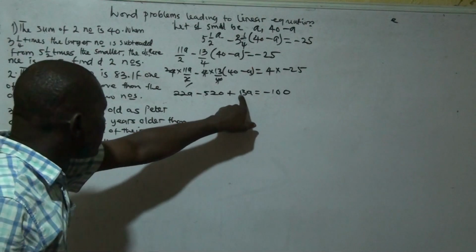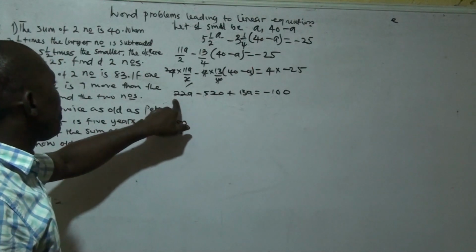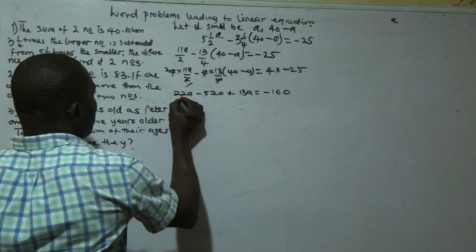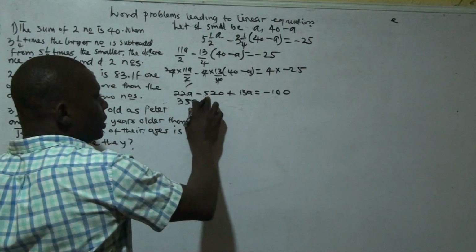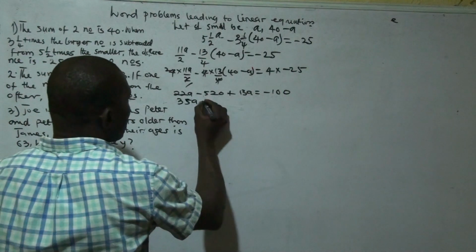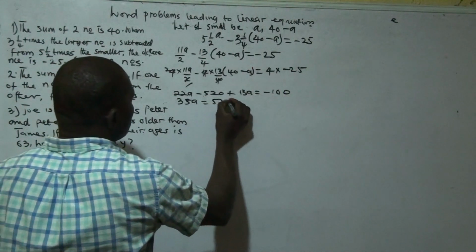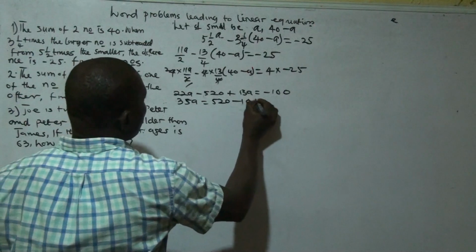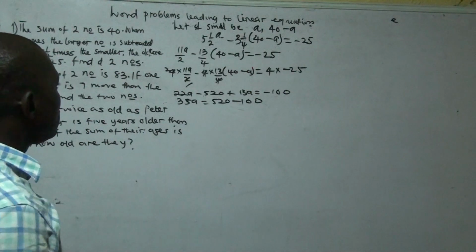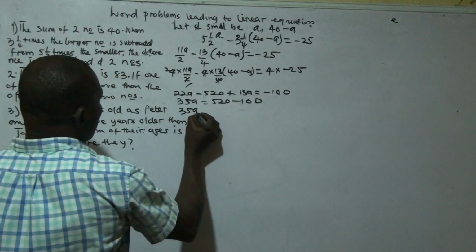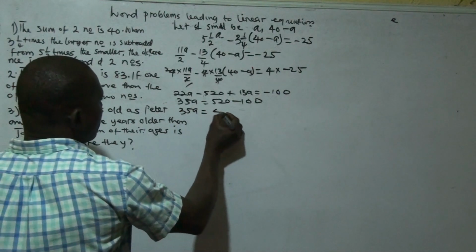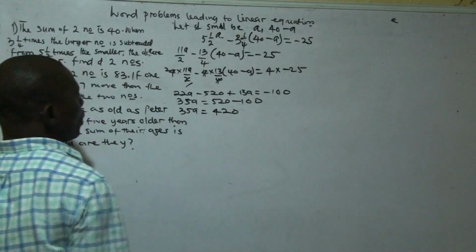Now 13A plus 22A gives 35A. This minus 520 will move to this side and become 520 minus 100. 520 minus 100 gives us 420, so 35A equals 420.